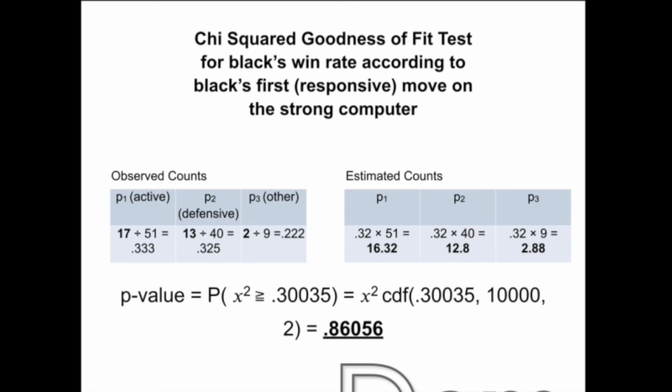I didn't tell you guys, but we actually had a condition that was not met, as you may or may not have noticed, and that is that all expected counts are greater than 1, which is true, 16.32, 12.8, and 2.88, but more than 20% of the expected counts are less than 5. 2.88 is obviously greater than 1, but since we only have 3, 33% are under 5, so that's higher than 20%.